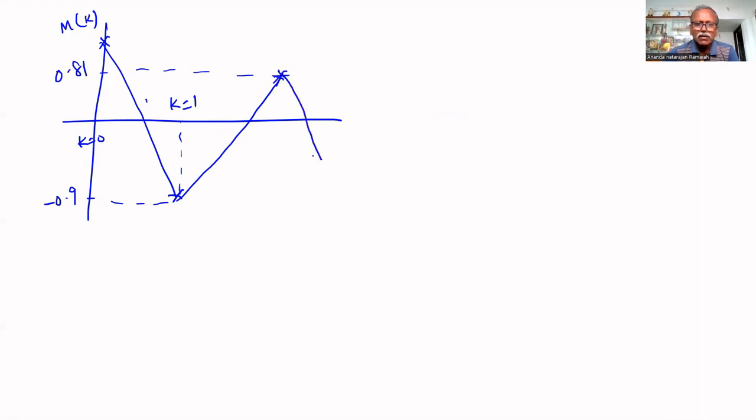Again, it becomes negative, the value is 0.72 negative. So alternately it becomes positive, negative. This is called the controller output oscillating between positive value and negative value. This is called the ringing effect. Ringing.